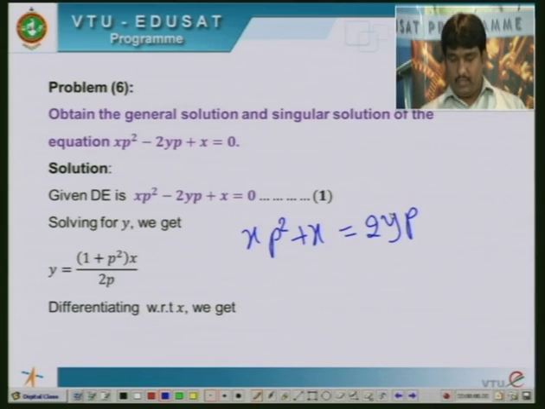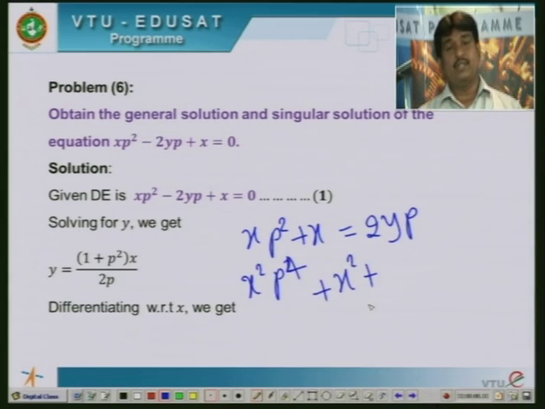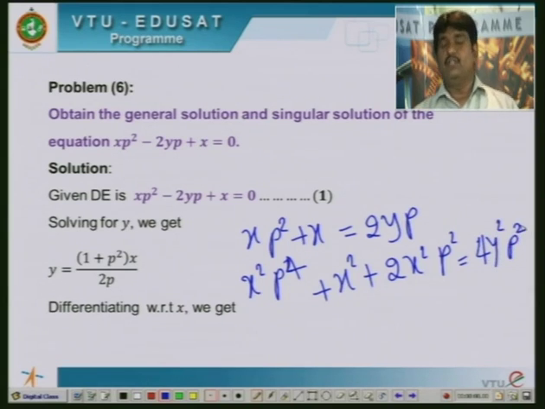If I square it, I will get x square into p to the power of 4, plus the second function x square, plus 2 into ab, it is x square into p square, equals to the square of 2yp, which is 4y square into p square, and the factor was p square minus 1. So when you equate that to 0, p square becomes 1.